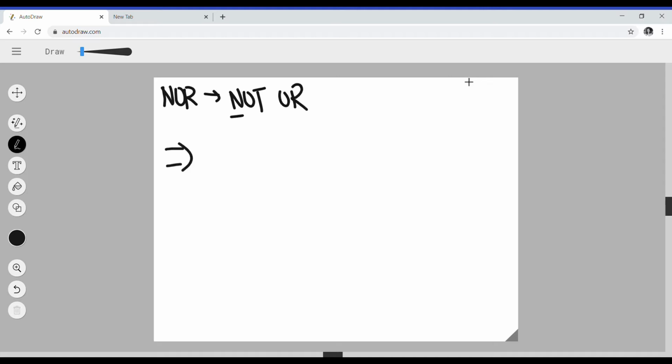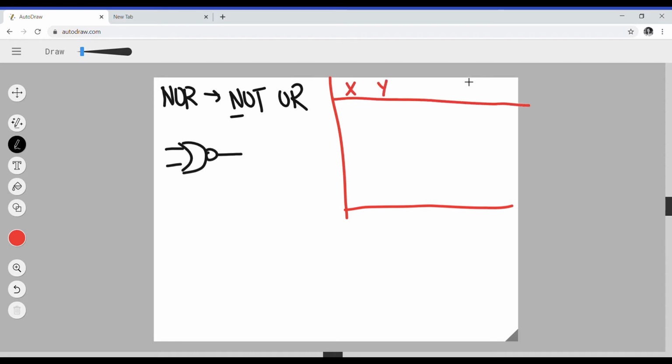The NOR gate looks very similar to the OR gate, except that it has this NOT symbol attached to the head, kind of like the NAND gate. This is similar to the OR gate in the same way that the NAND gate is similar to the AND gate. So I'll go ahead and draw out our table to jog back our memory. I'll write out our OR output and our NOR output.